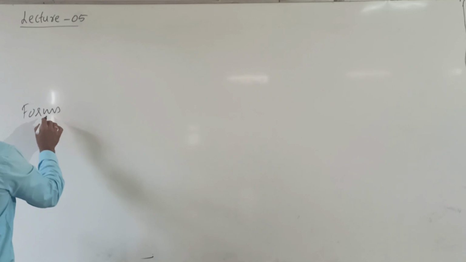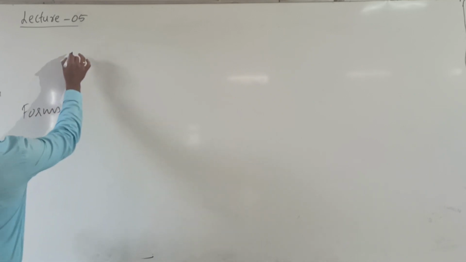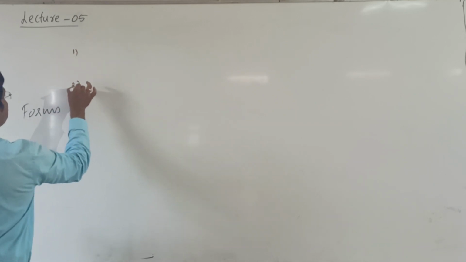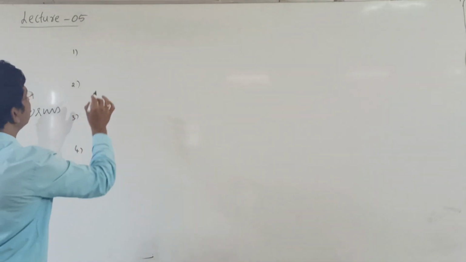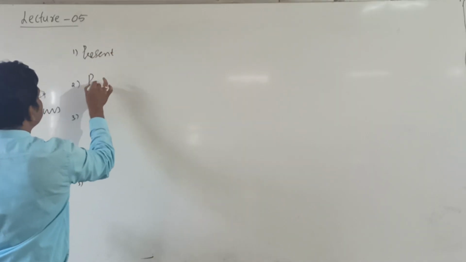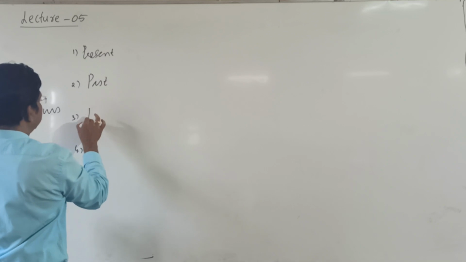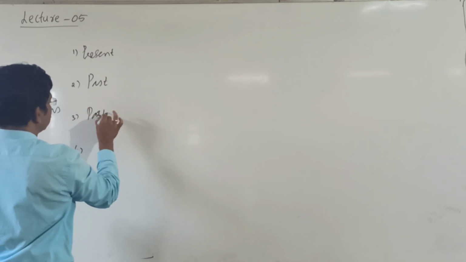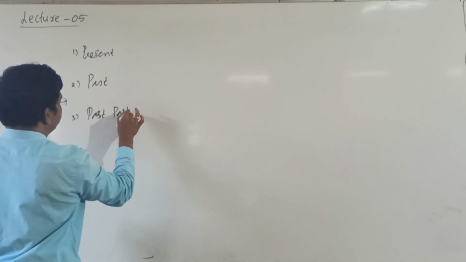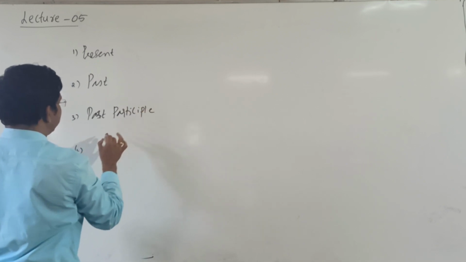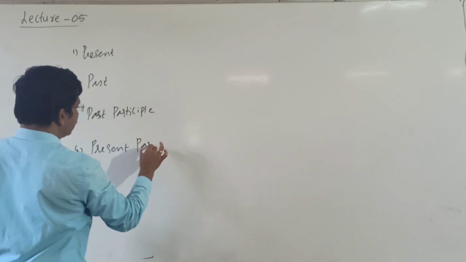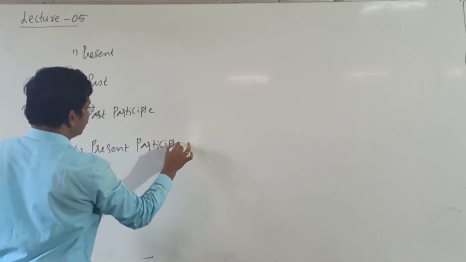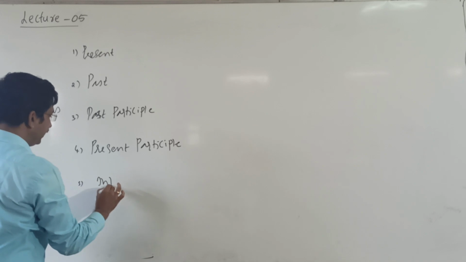Forms. Here, first one, next one, third one, fourth one and fifth one: present, past, past participle, present participle, and infinitive.